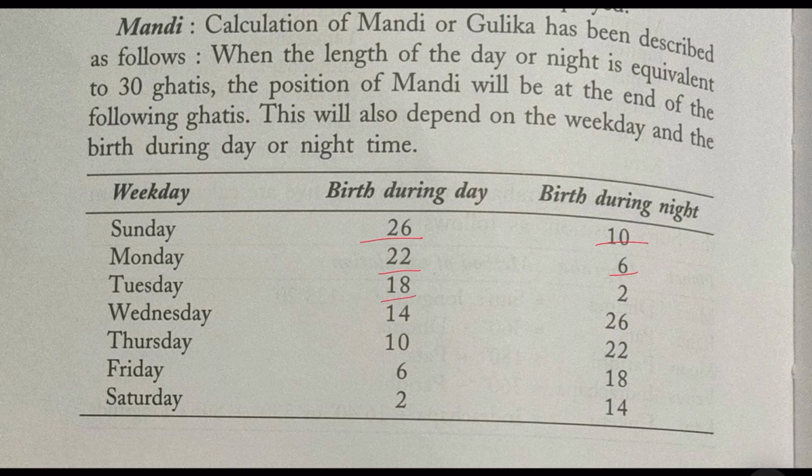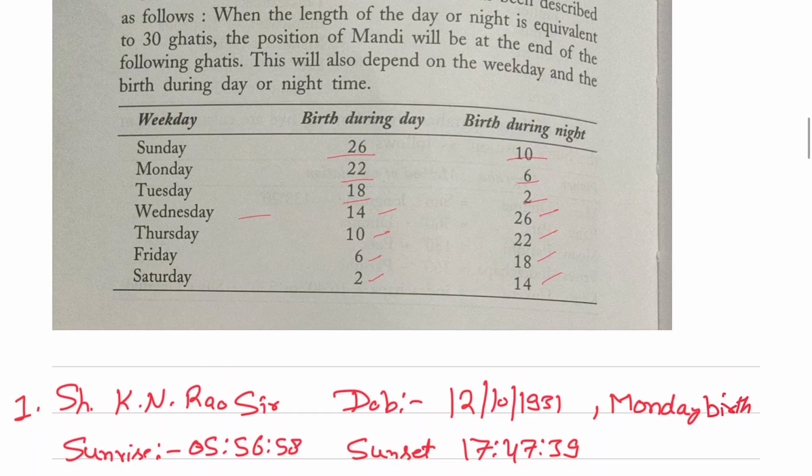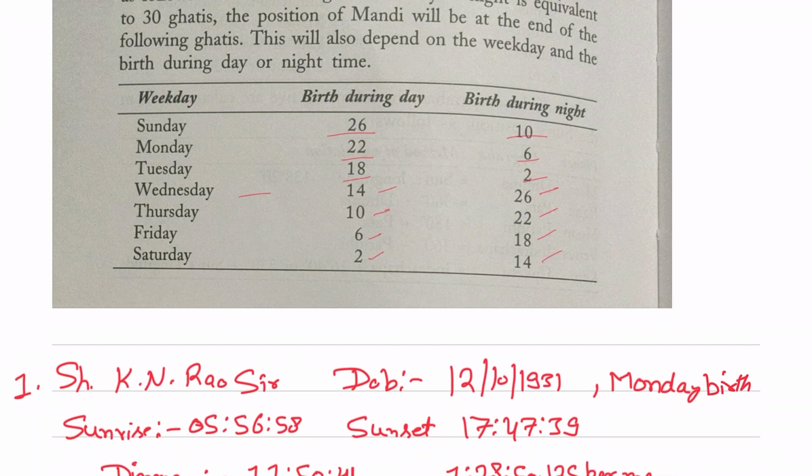For Tuesday it is 18 and 2. Wednesday it is 14 for day and 26 for night. Thursday it is 10 for day and 22 for night. Friday it is 6 for day and 18 for night, and Saturday it is 2 for day and 14 for night.